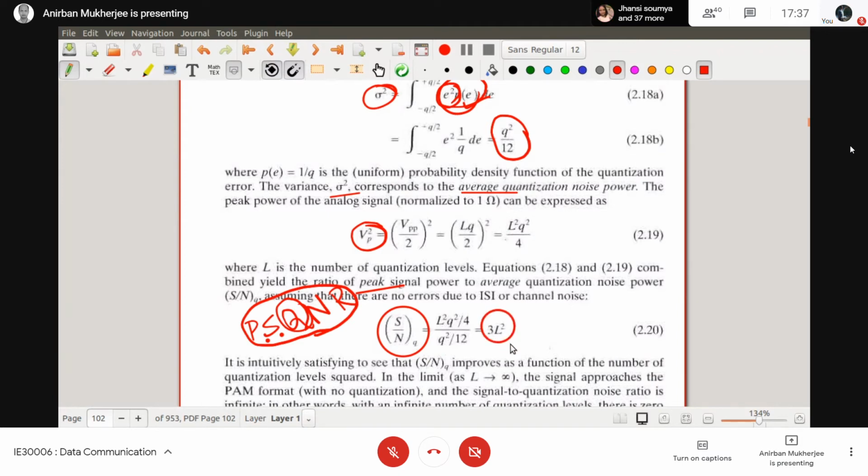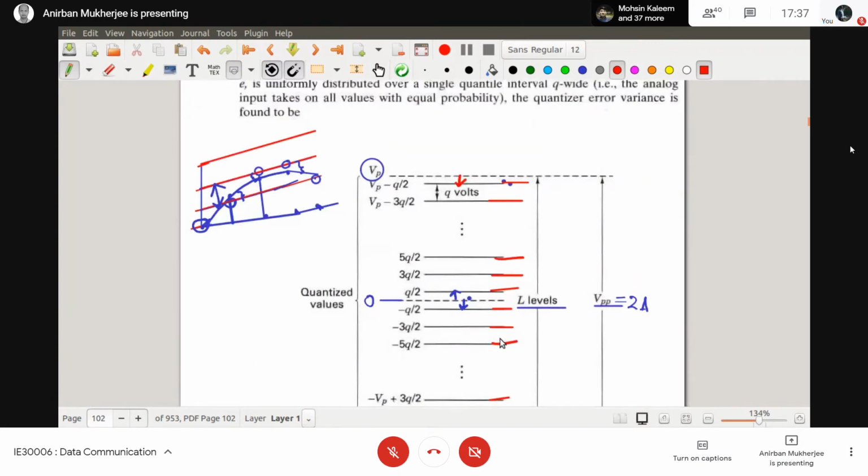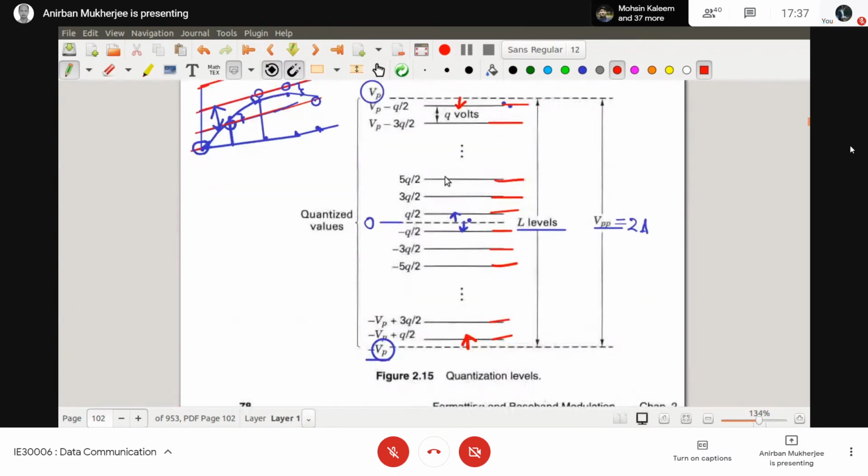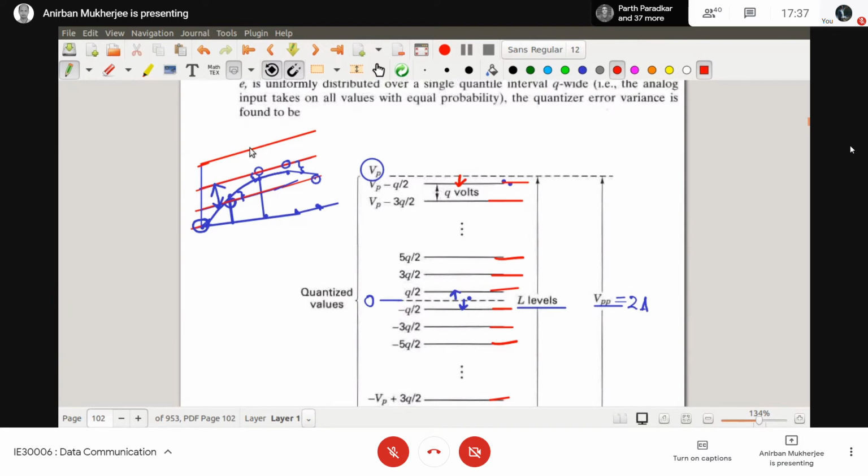What do you want? You always want this ratio to be very good. So in order to make this ratio big, your L should be big. L big means the number of levels should be high. Here I have L equal to 4 different levels, so I have used a 2-bit ADC.